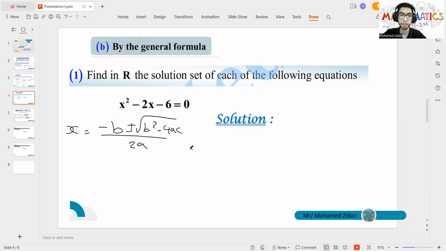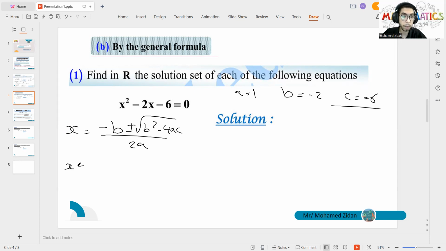Then what's the meaning of a, b and c? A equals the coefficient of x squared, which is 1, b is the coefficient of x, which is negative 2, and c is the absolute term, which is negative 6. Start to find the roots.